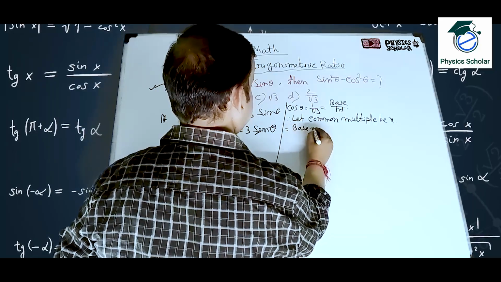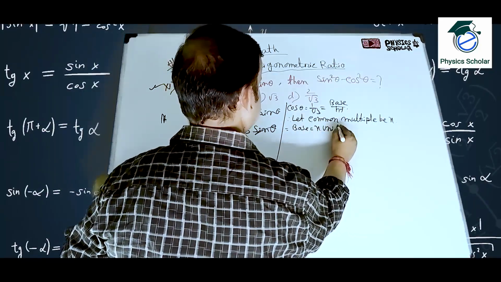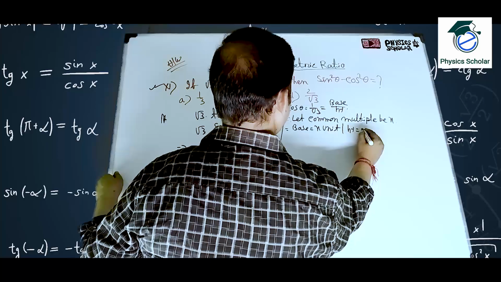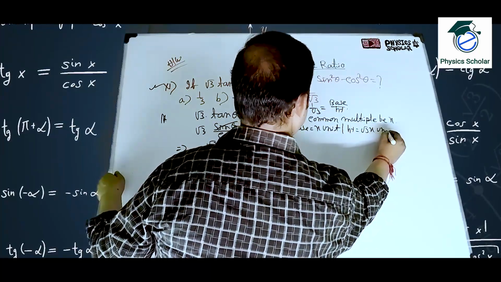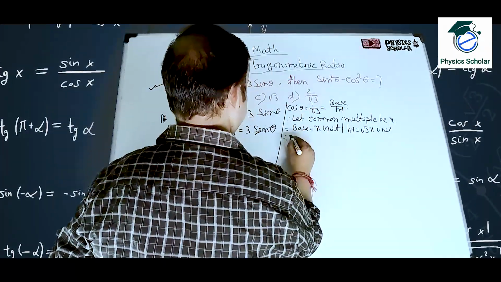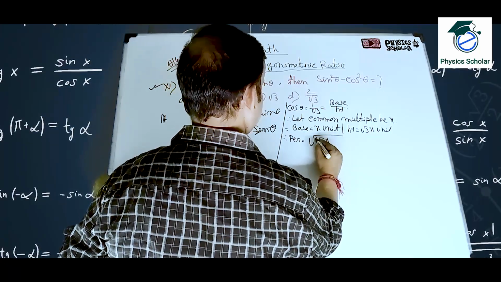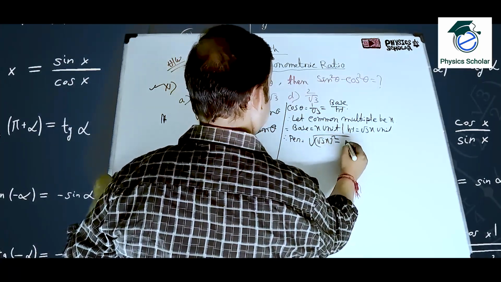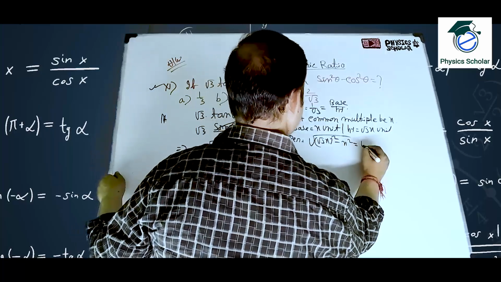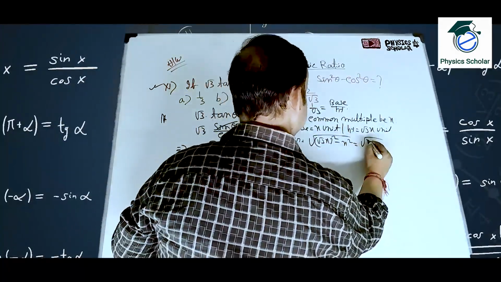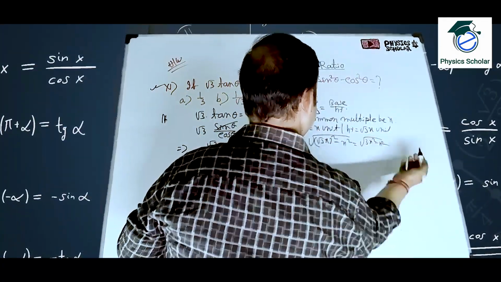Base is equal to x unit, hypotenuse is equal to root 3x unit. So perpendicular is equal to root over 3x square minus x square. So root over 3x square minus x square.